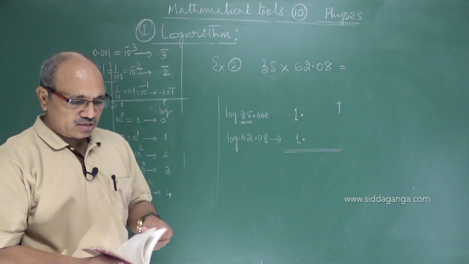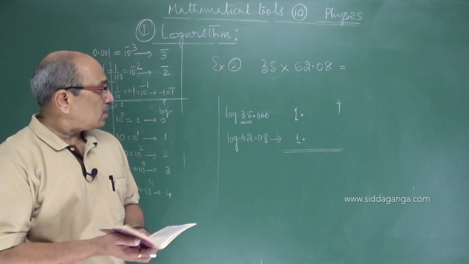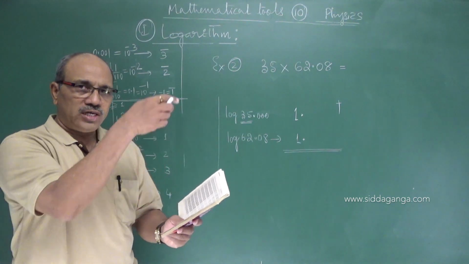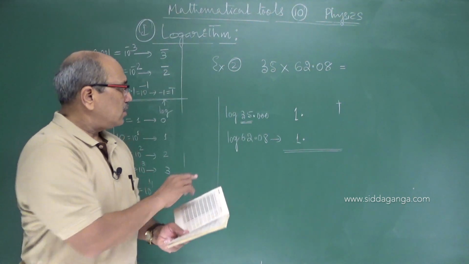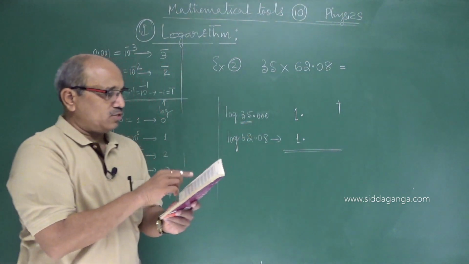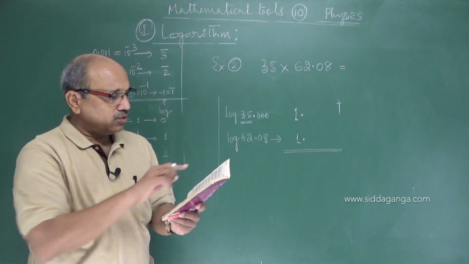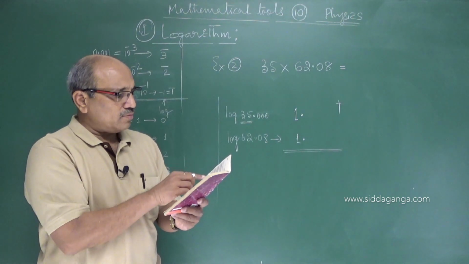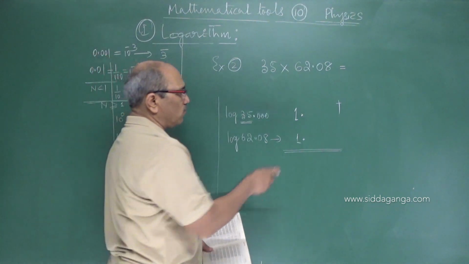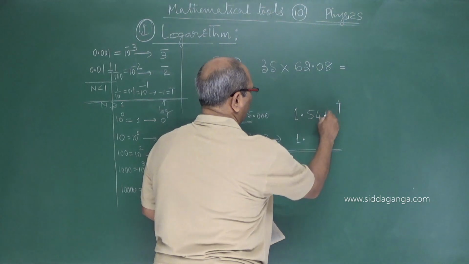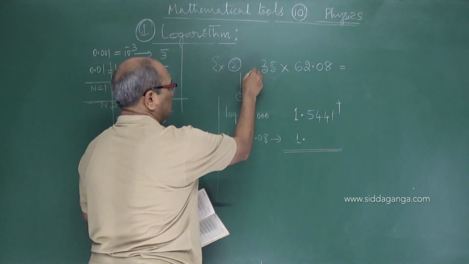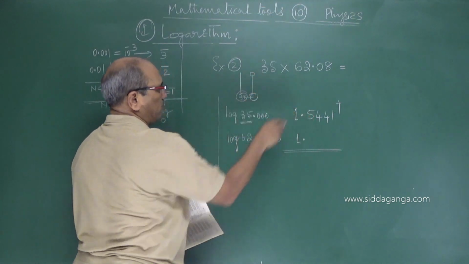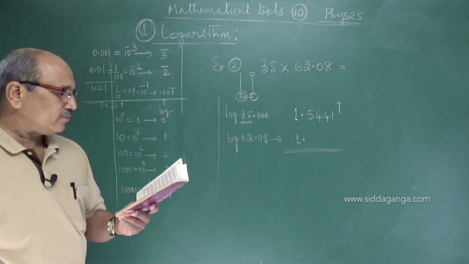Now coming to this logbook, for 35, I told you, the leftmost 2 digits, you come down to 35. If there is 0, first column, you see the 35 row, first column, you will get the answer 5441. That means for 35, the 0th column, you have this number in the log table.